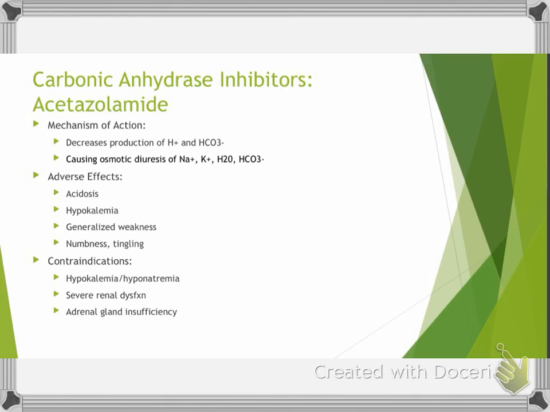The adverse effects are a result of the osmotic diuresis of potassium and sodium and bicarb, which means it can cause acidosis because it's keeping the hydrogen ions and excreting bicarb. It can cause hypokalemia because it's getting rid of potassium. Generalized weakness, numbness and tingling. The numbness and tingling can be in their hands, fingers, feet, toes, mouth, lips, tongue, or anus.